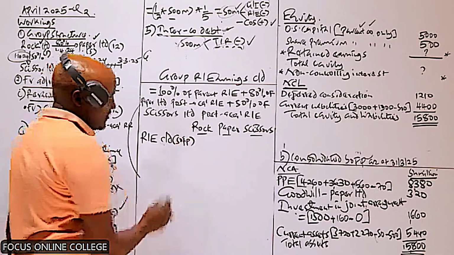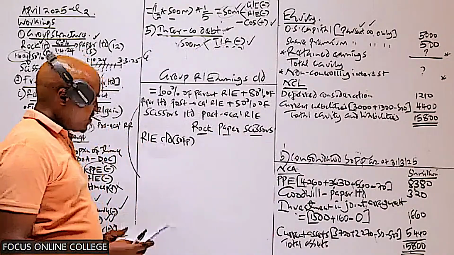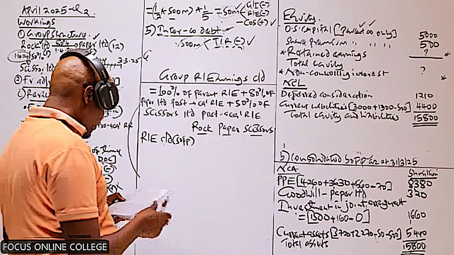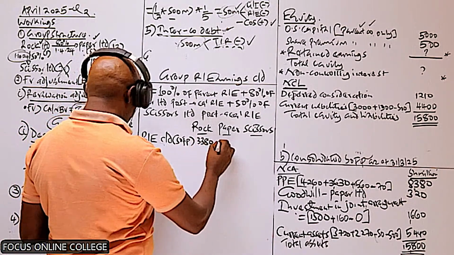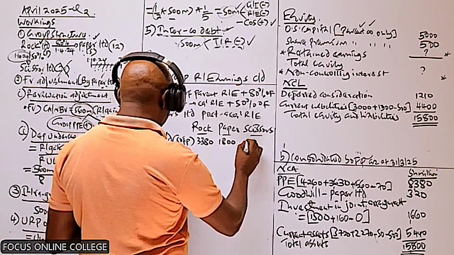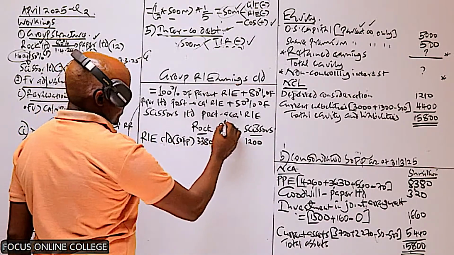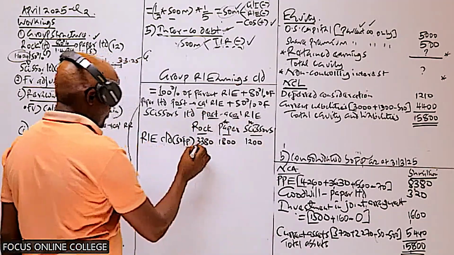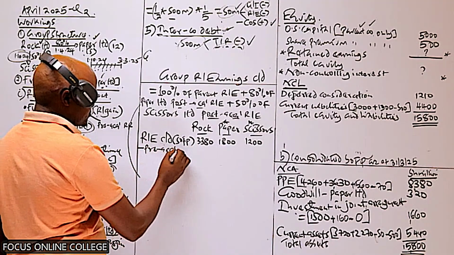Can you go to the statement of financial position of these 3 companies, specifically at the equity? We're given the retained earnings of LL as 380. For Paper, it is 1800, and for Sisters it is 12. For these 2 companies, we are interested in the post-acquisition, so we need to deduct the pre-acquisition.